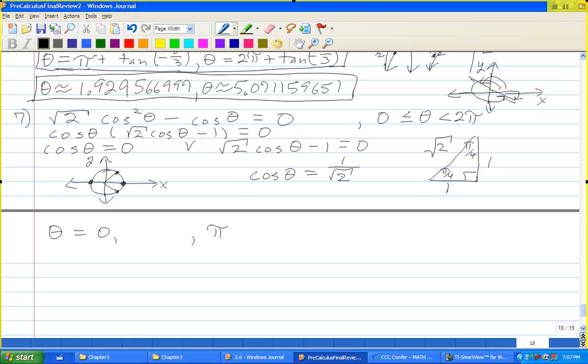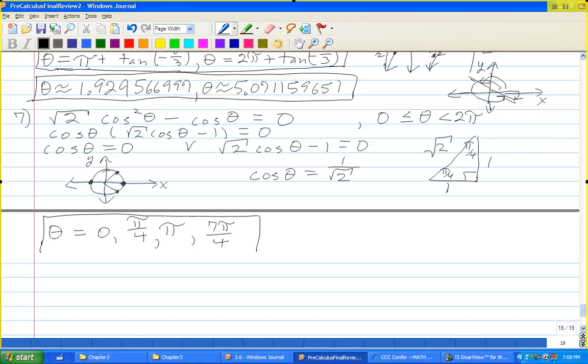Okay, so cosine is going to be 1 over rad 2 at pi over 4 and at 1, 2, 3, 4, 5, 6, 7 pi over 4, or 2 pi minus pi over 4.